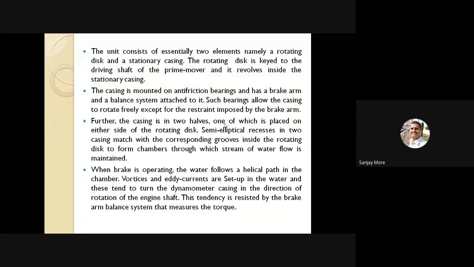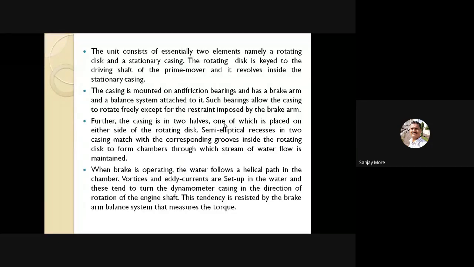Okay. Then further, the casing is in two halves, one of which is placed on either side of the rotating disc. Semi-elliptical recesses in the two casings match with the corresponding grooves inside the rotating disc to form chambers through which a stream of water flow is maintained. Okay, and then the last sentence here.